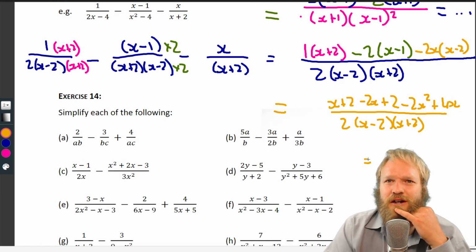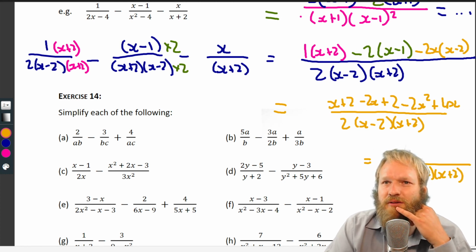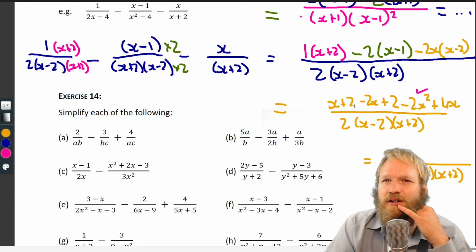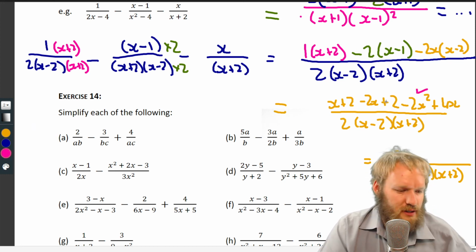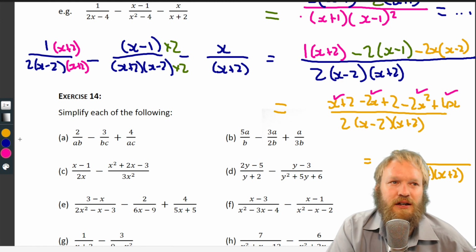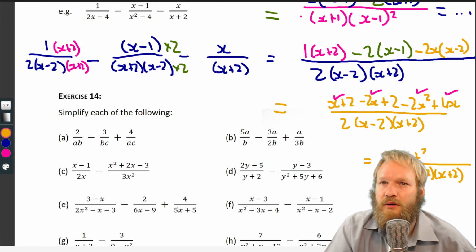Hopefully looking good, equals, that denominator stays the same, x plus 2. Got a minus 2x squared. So that's this part. Can be useful. I'm just going to tick that we got those bits off. And go, well, we've got x minus x plus 3x. Plus 3x. That was a squared.